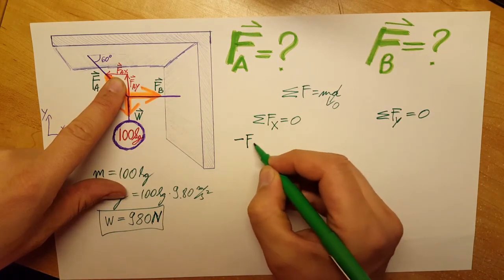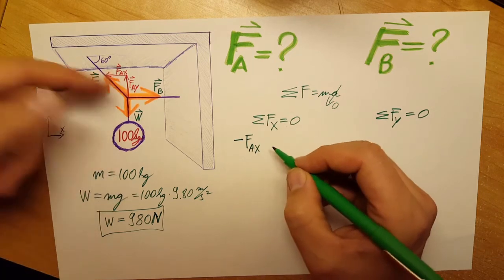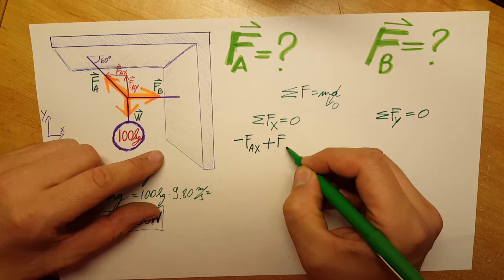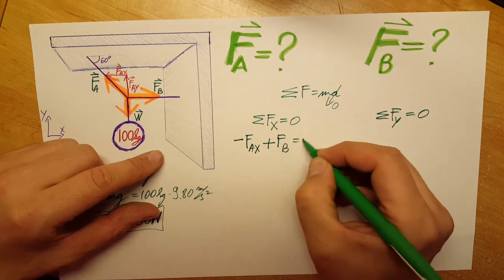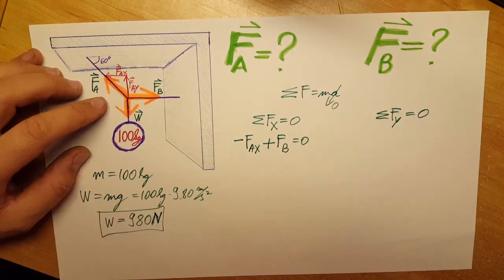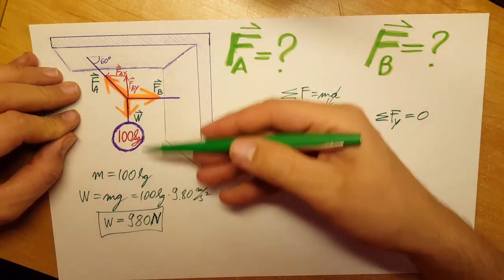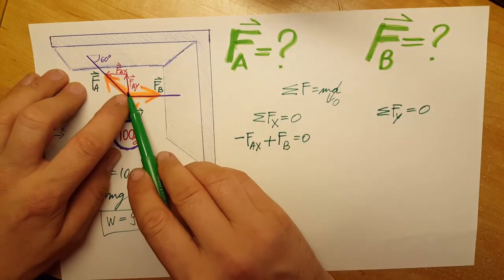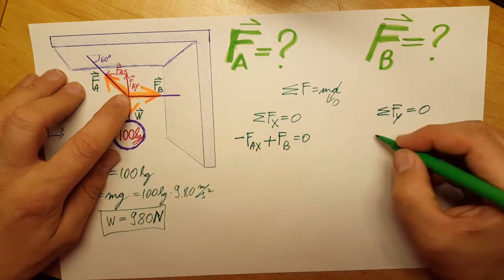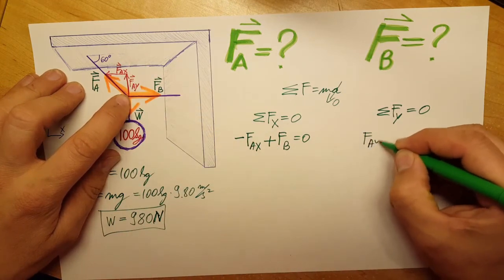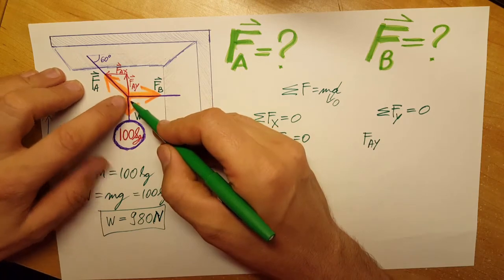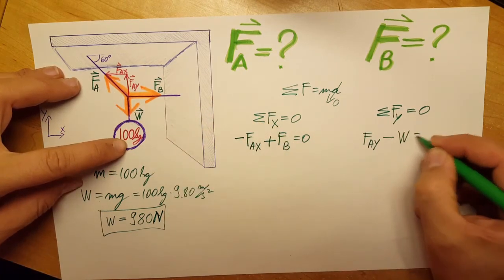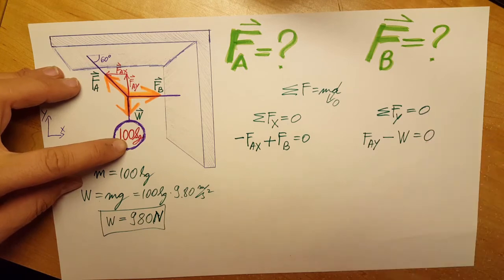So negative FAX, and we have FB this way, which is plus FB, equals 0. Now let's take a look in the y direction. In the y direction, we have FAY going up, so we're gonna write it with a positive, and we have W going down, so that's minus W, and the sum is equal to 0.